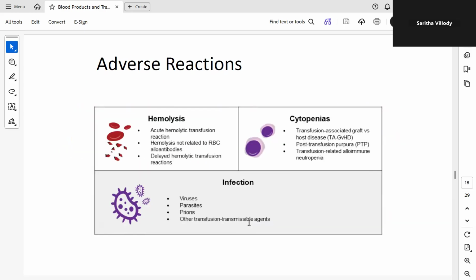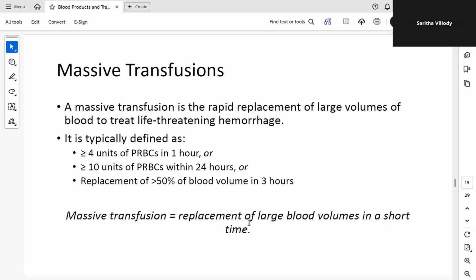We talked about that. And then massive transfusion is rapid replacement of large volume of blood to treat life-threatening hemorrhages. It is typically defined as more than 4 units of PRBCs in 1 hour or more than 10 units of PRBCs within 24 hours.